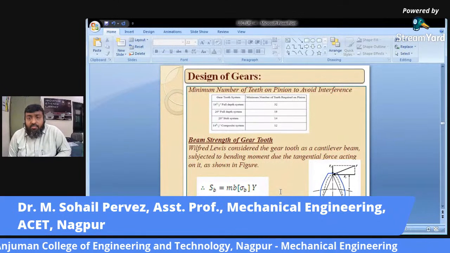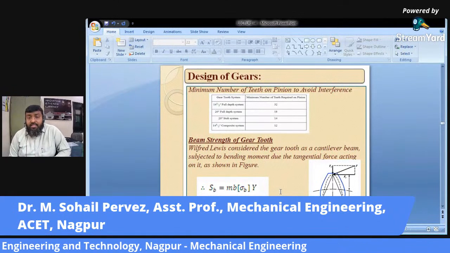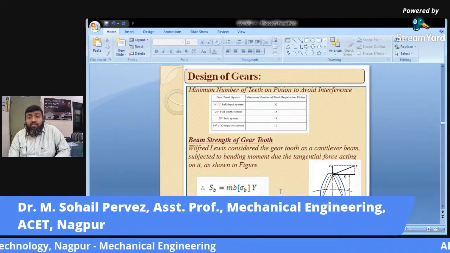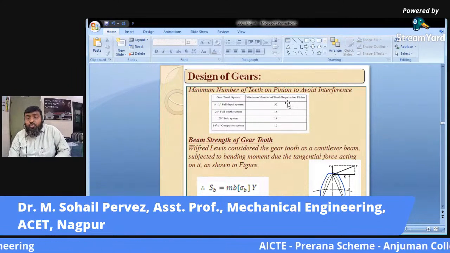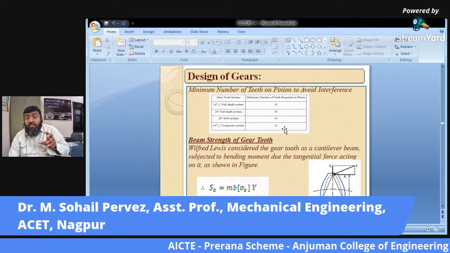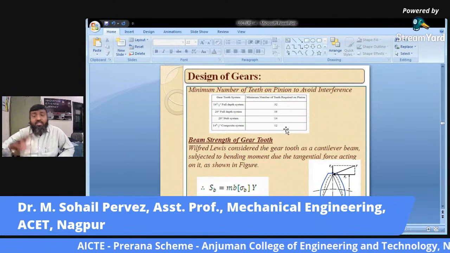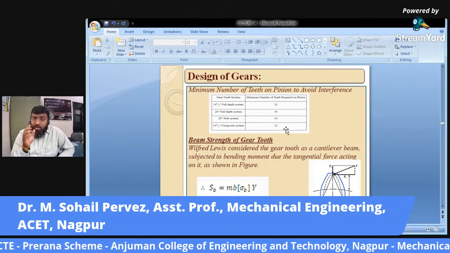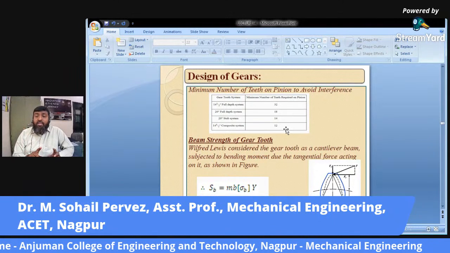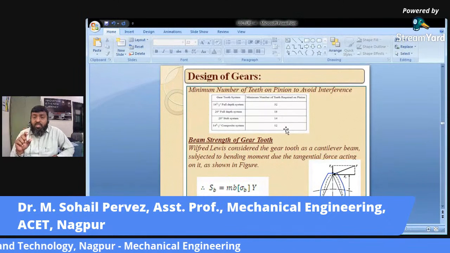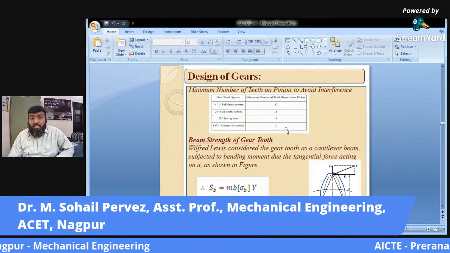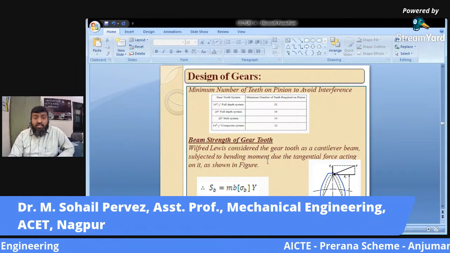Stubbing is also there. These are the recommended values of the minimum number of teeth on the pinion. Obviously, the pinion is the smaller gear and the gear is the larger gear. By terminology, pinion means smaller gear and gear means larger gear, based on size.